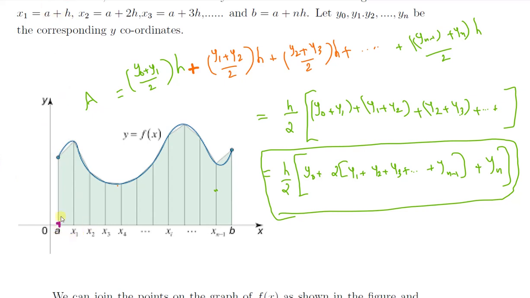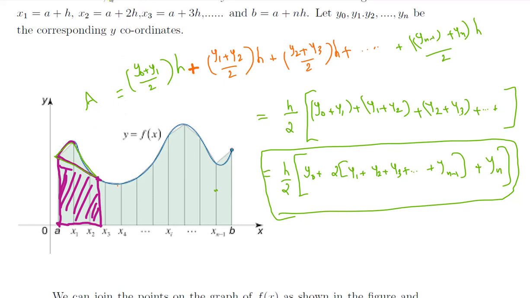If you take 1 point here and 1 point here, the trapezoid will be like this. So you are taking the average value, and you get an area only like this. So we are missing this much part of the integral.